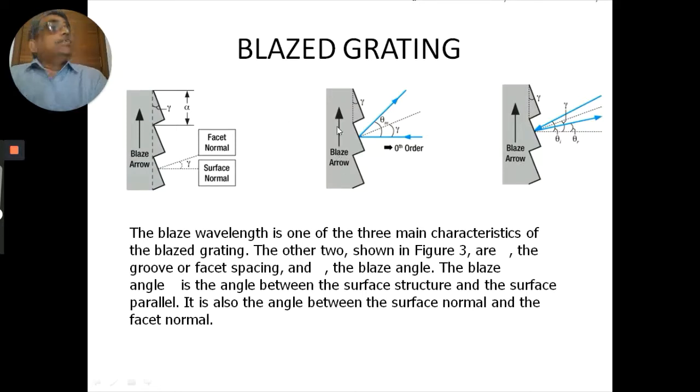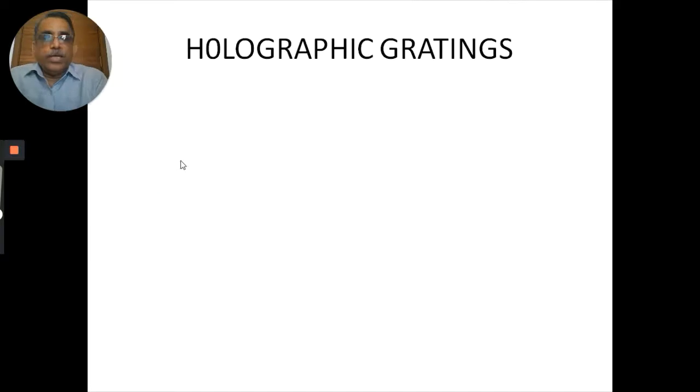This blazing direction is also important. So you have to understand the angle of blazing and the wavelength of blazing. These are the important parameters that decide the resolution, and how exactly they reflect or diffract the light that you are using.